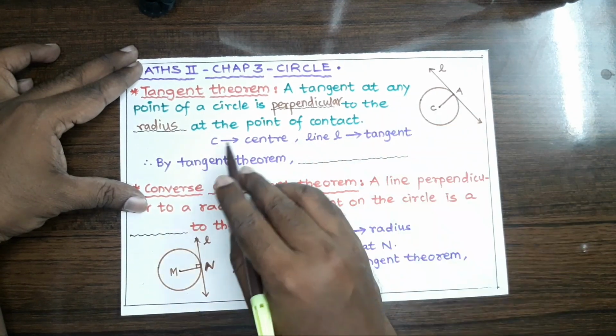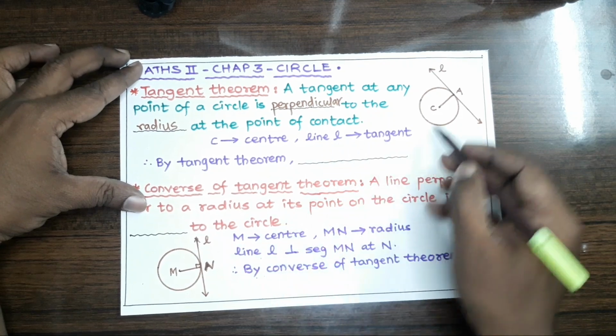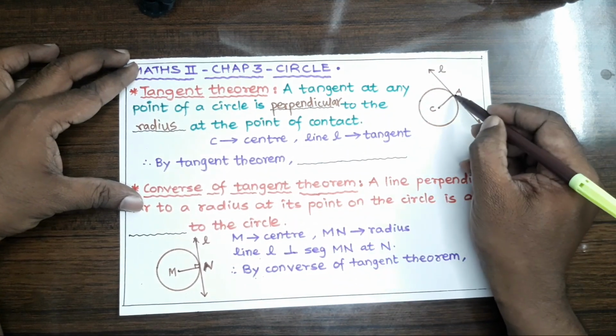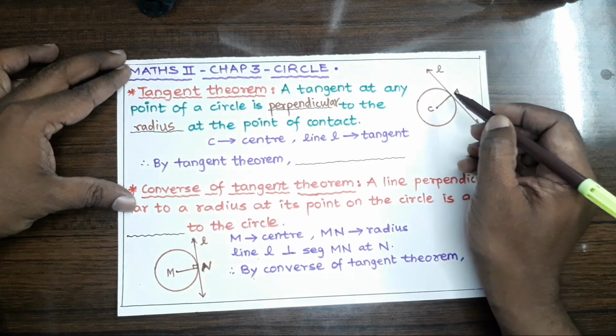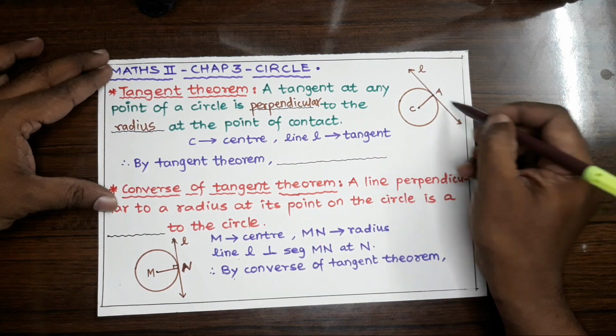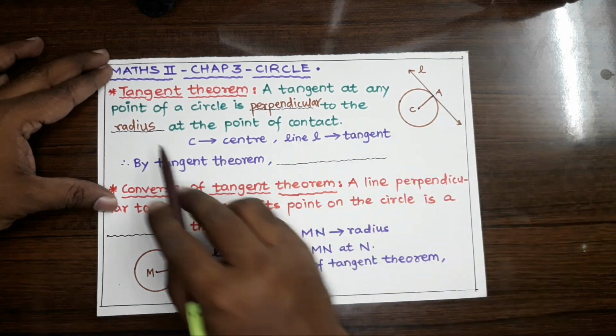C is the center and line L is the tangent. We can clearly see that line L touches the circle at point A. So A is the point of contact, or we can say the point of tangency.